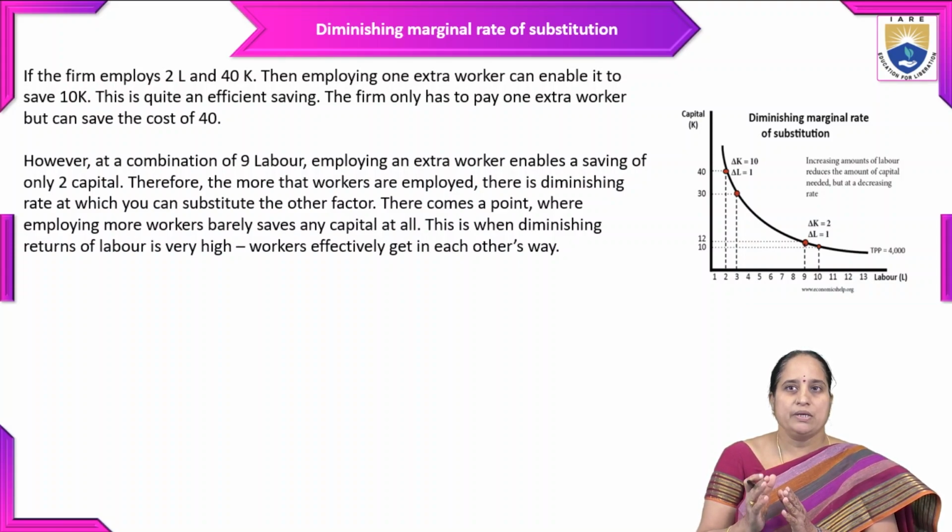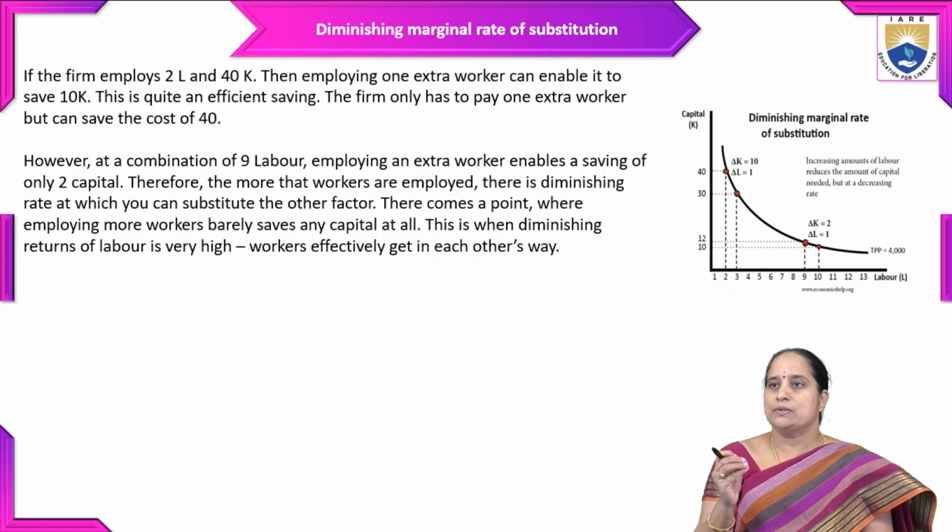However, at a combination of 9 labor, employing an extra worker enables a saving of only 2 capital. That is the reason firms always go with different kinds of combinations so that the total cost should be minimum.